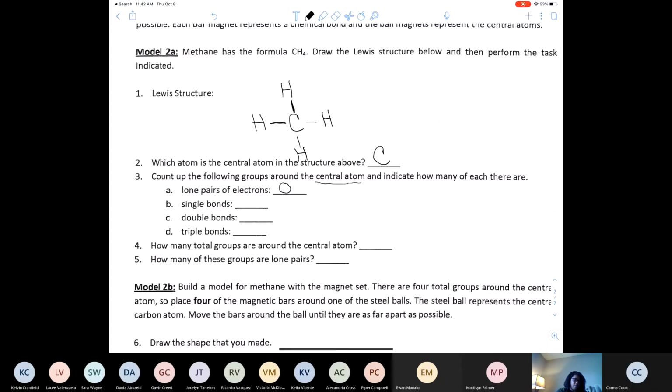Four. Very good. How many double bonds are around the central atom? There are no triple bonds. Very good.